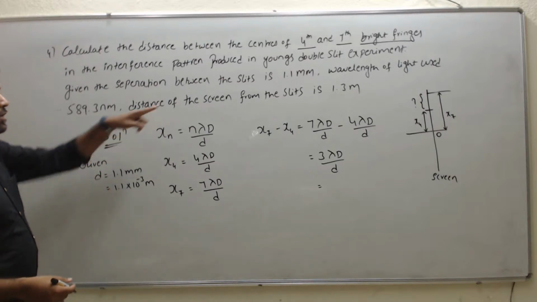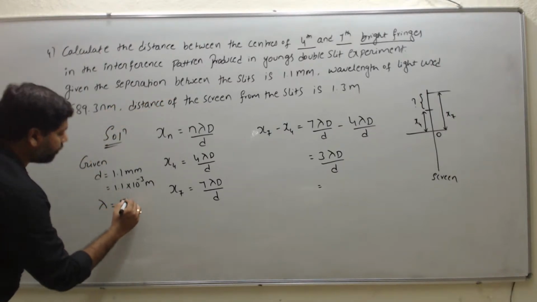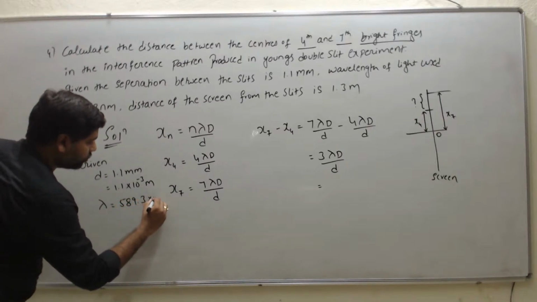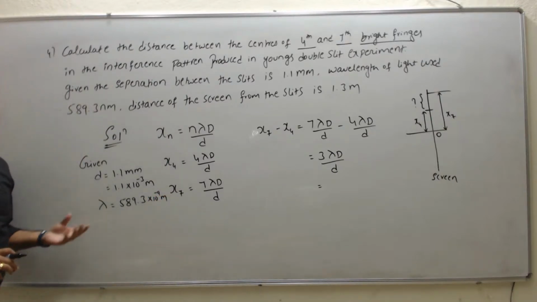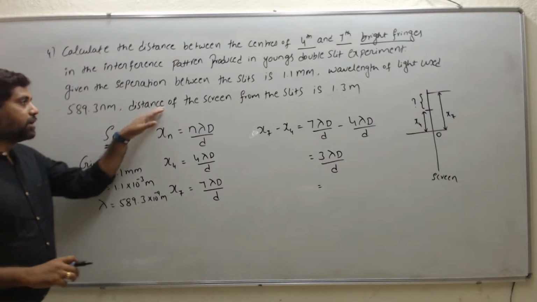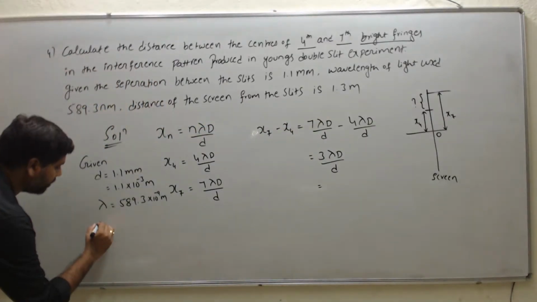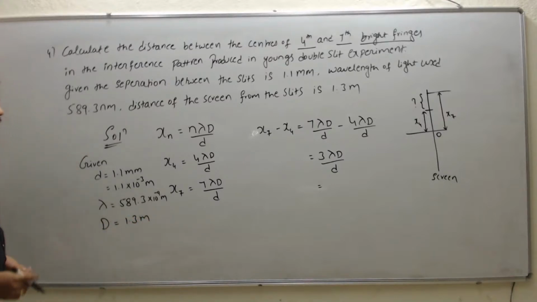Next is the wavelength of the light used. The given lambda is equal to 589.3 nanometer, that is into 10 to the power of minus 9 meter. Next, the distance of the screen from the slits is 1.3, that is capital D, equal to 1.3 meter.